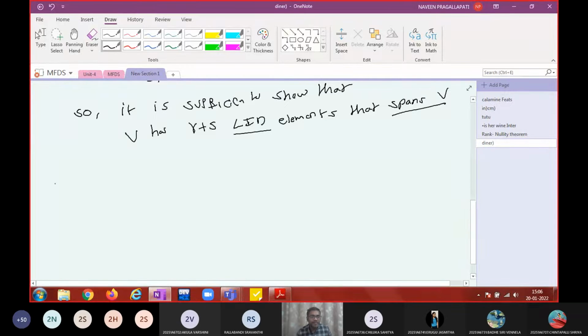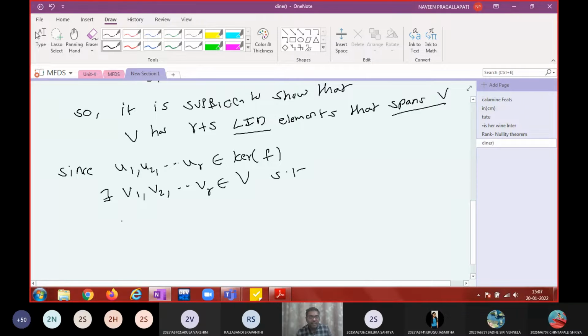So since u1, u2 and so on, ur belong to the range of f, there exist v1, v2 and so on, vr belonging to the set V such that v1 is mapped to u1, v2 is mapped to u2, and so on, vr is mapped to ur. Do you agree?